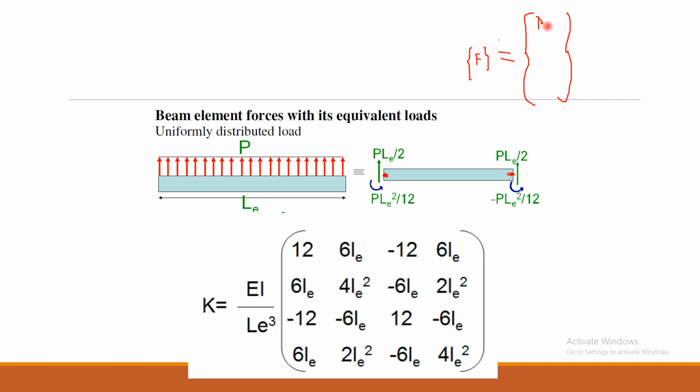The first one is P LE by 2, the second one is P LE square by 12, the third one is P LE by 2, and the last one is minus P LE square by 12.